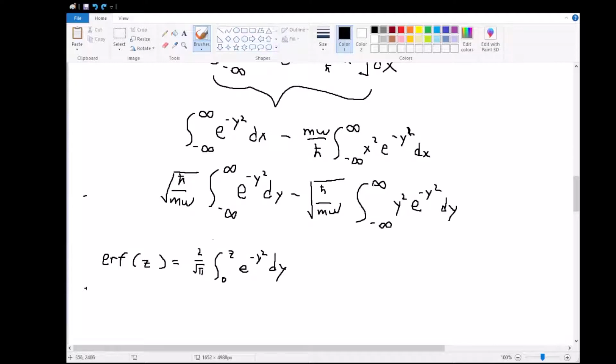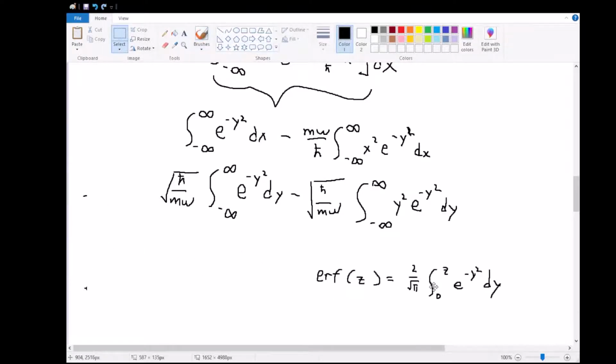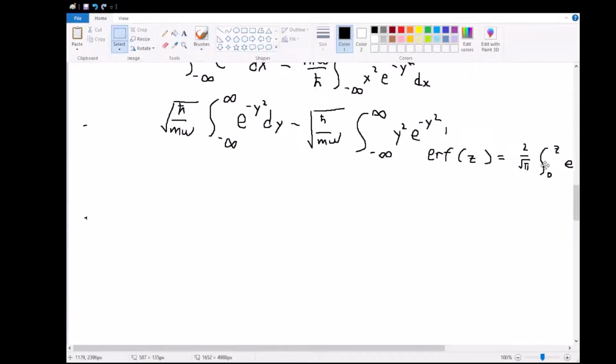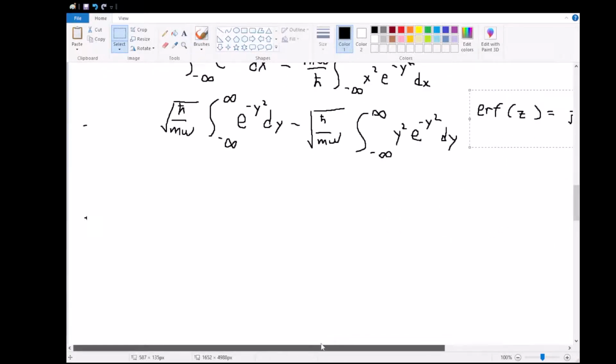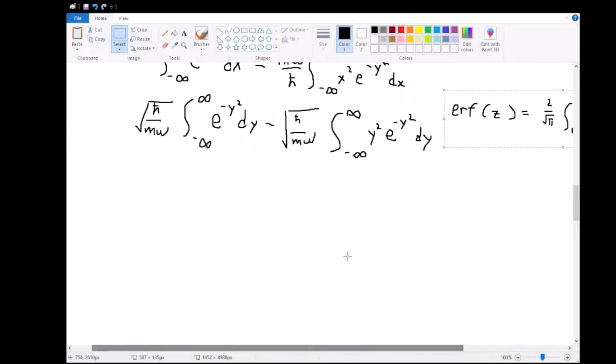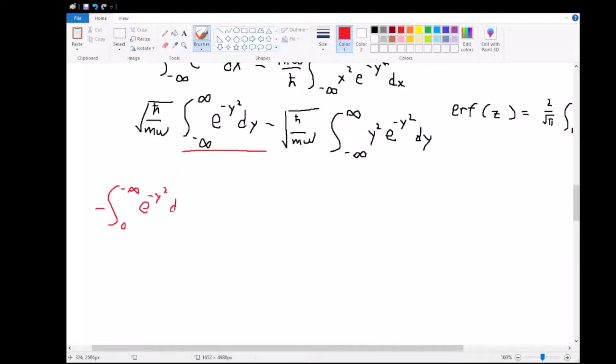Let's move this over here. Okay, so what we really have for term 1, so let's write this in red. This is a negative integral from 0 to negative infinity of e to the negative y squared dy plus an integral from 0 to infinity of e to the negative y squared dy.